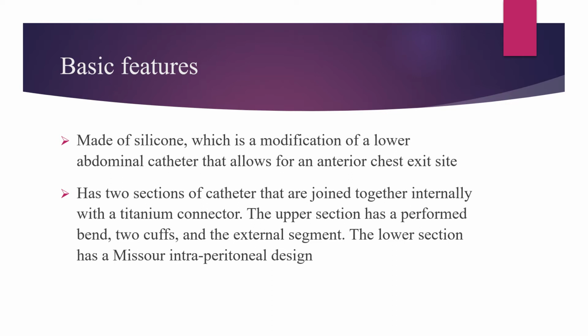It has two sections joined together internally with a titanium connector. The upper section has a preformed bend, which is a swan neck, two cuffs, and an external segment. The lower section has a Missouri intraperitoneal design.